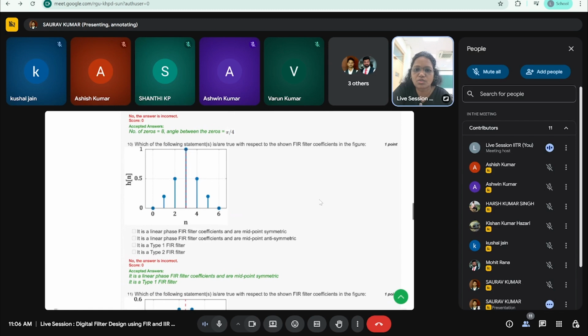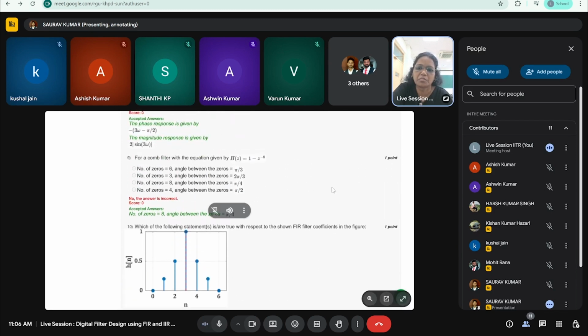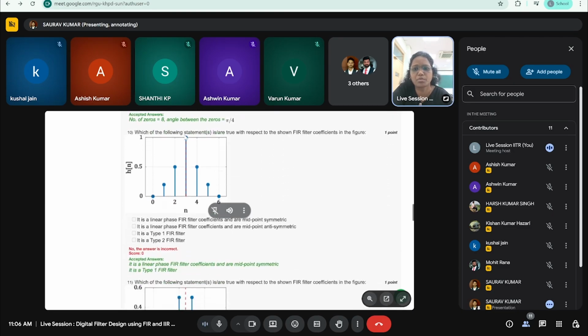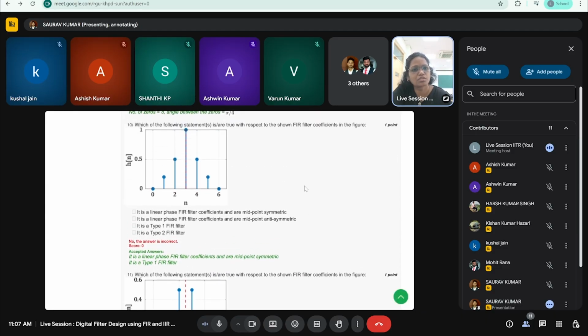There are 8 zeros on the unit circle. It's given the comb filter itself, and where should the location of the poles and zeros be, how many poles and how many zeros. And the FIR filters have 4 categories: type 1, 2, 3 and 4. So in type 1 and 3, midpoint symmetric or midpoint anti-symmetric.